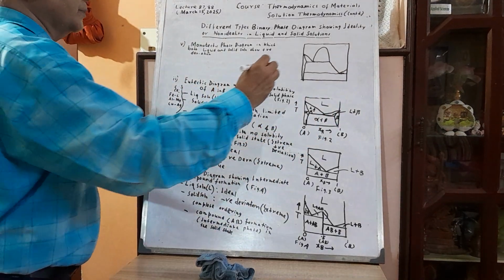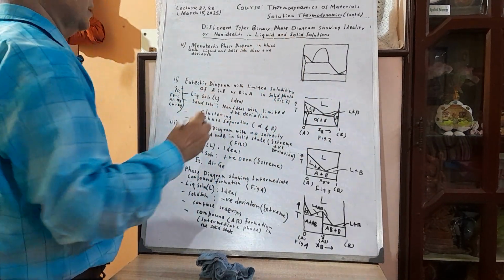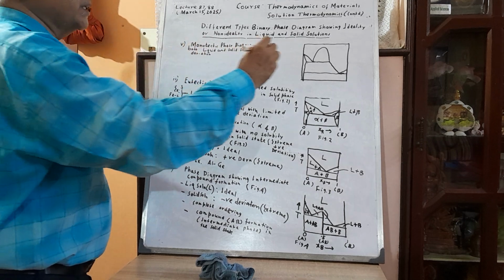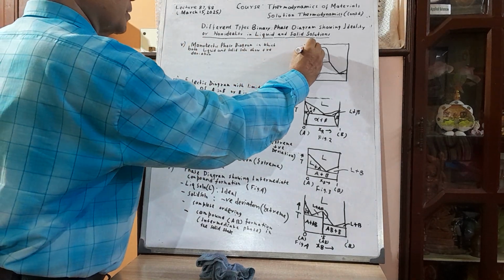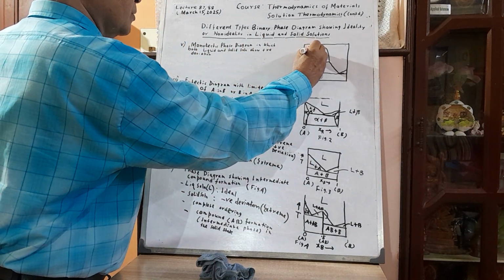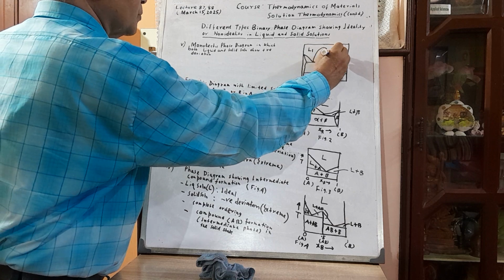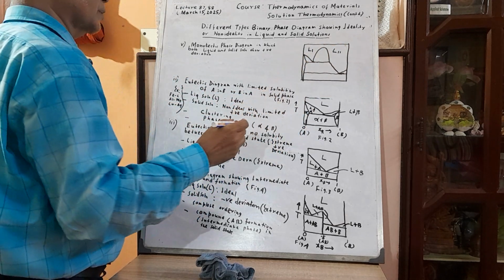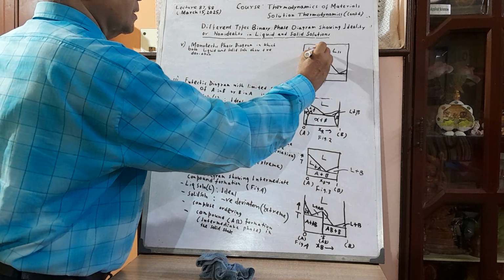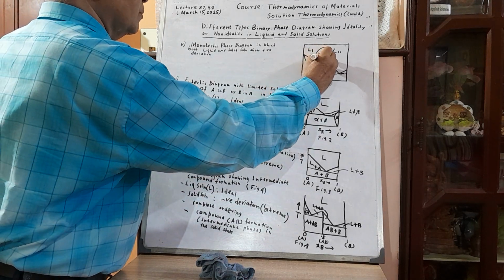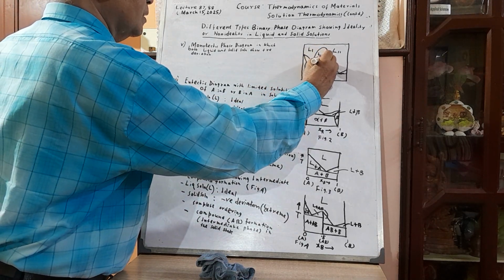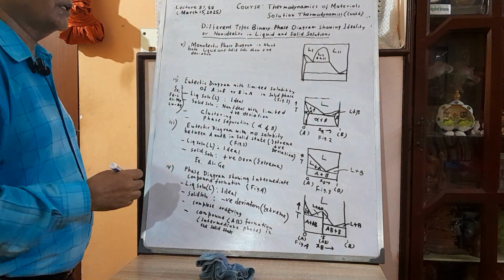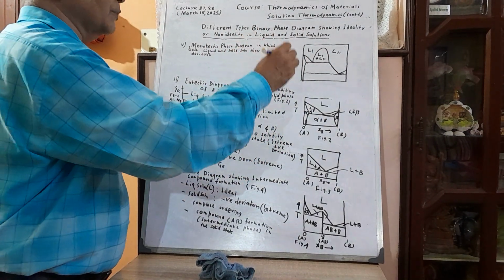Here, positive deviation in the liquid phase means there is phase separation in the liquid phase. This is the first time we come across this. So two liquids will be shown, liquid 1 and liquid 2, and this is liquid 1 plus liquid 2, like alpha plus beta, in the liquid solution.